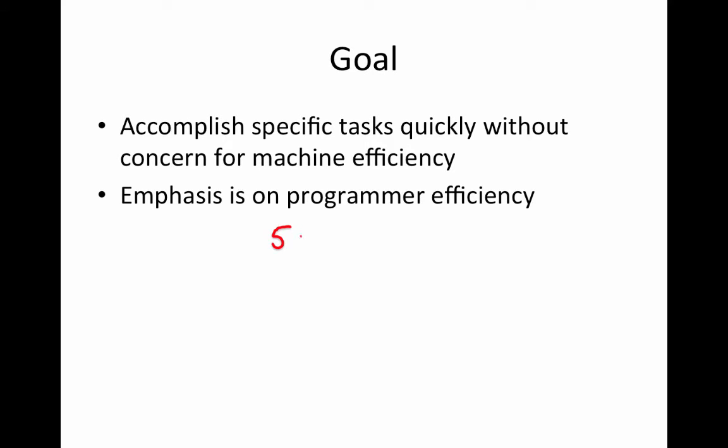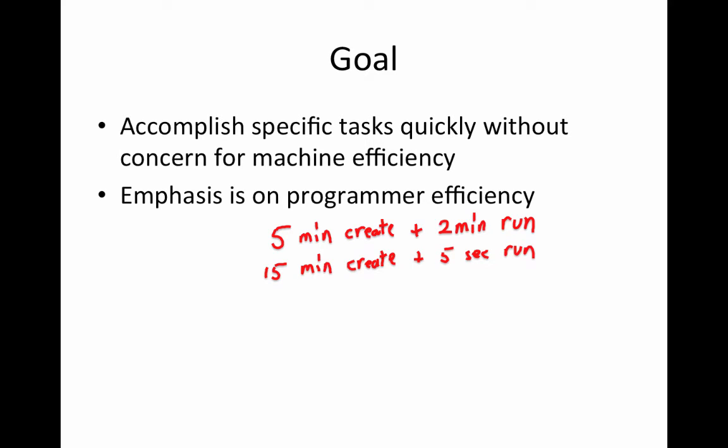So 5 minutes to create, plus 2 minutes to run. Whereas the corresponding C program might take, say, 15 minutes to create. That's probably generous. And it takes, say, 5 seconds to run. So clearly, the C program is more efficient.